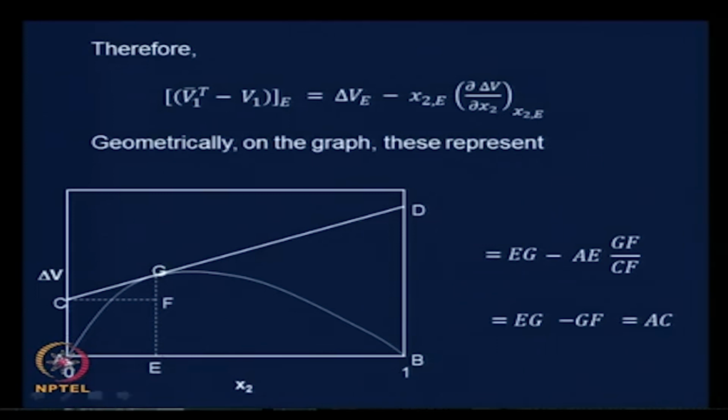For example, if this AGB is the curve that gives the variation of the volume change upon mixing as a function of the mole fraction x2, then if we are interested in finding the partial molar volumes at a mole fraction given by E, all we need to do is, on the curve AGB at the point E, draw a tangent, and where the tangent meets the y axis, this intercept would give us V1t bar.